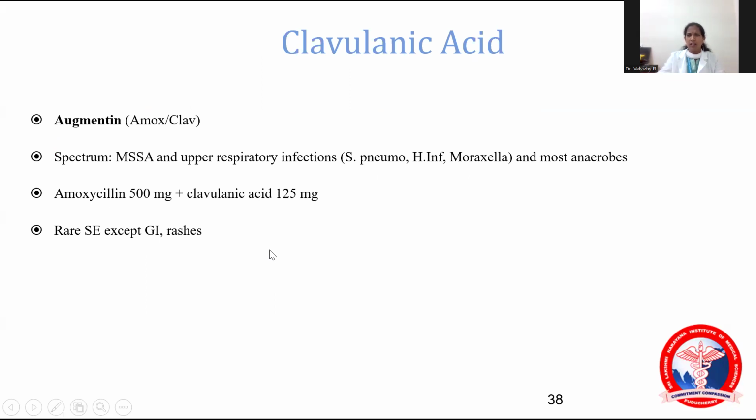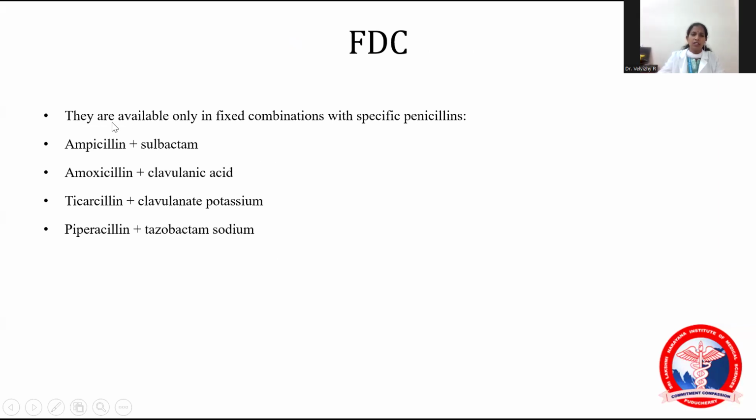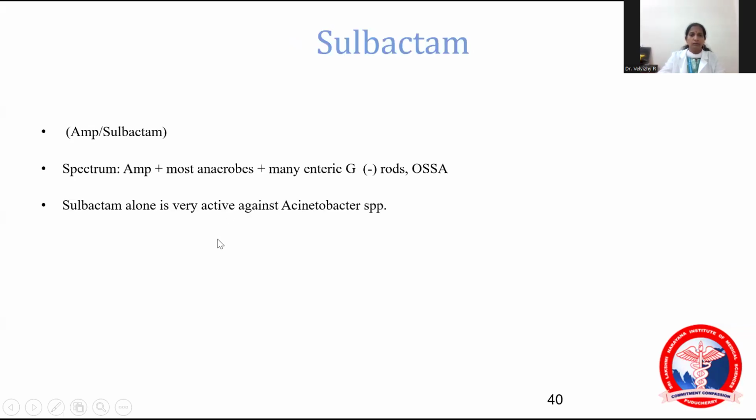Adverse effects are very rare; sometimes it causes rashes and GI adverse effects. And these are the beta lactamase inhibitor combinations available with penicillin: ampicillin sulbactam, amoxicillin clavulanic acid, ticarcillin clavulanic acid, and piperacillin tazobactam. Sulbactam is usually available with ampicillin.